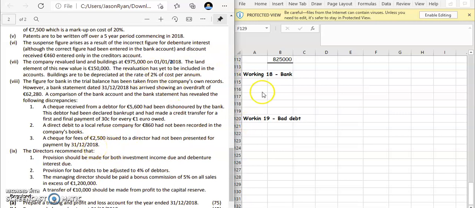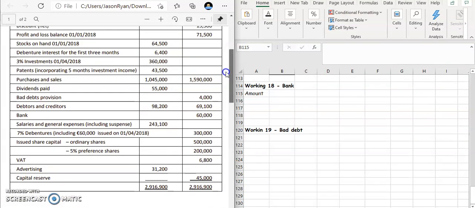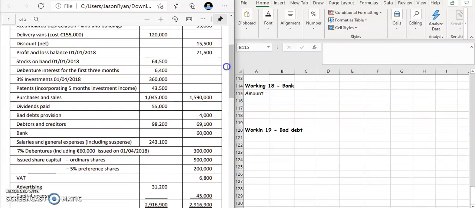So let's have a look at the first one. We've got our bank amount. The amount for the bank we said was 60,000, and it's on the credit side. So bank 60,000, that's our overdraft. Then we've got the first check, which is dishonored.